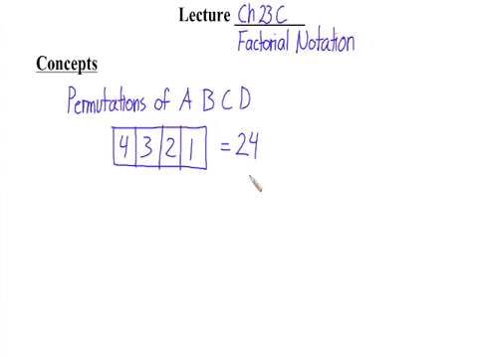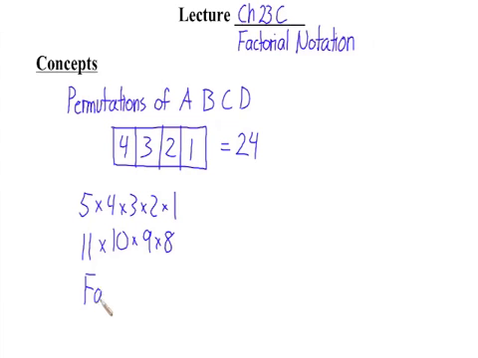We often see products like 4 times 3 times 2 times 1. A few more examples: if we have 5 times 4 times 3 times 2 times 1, or if we have 11 times 10 times 9 times 8. We can use something called factorial notation to help us quickly calculate what these products are.